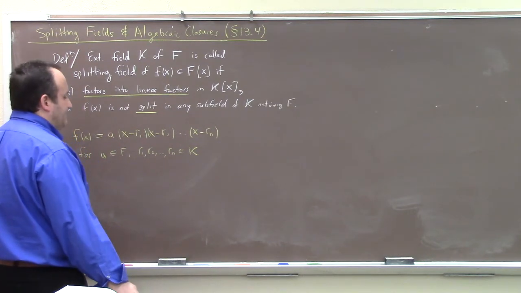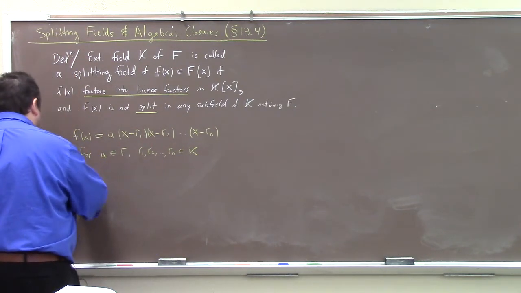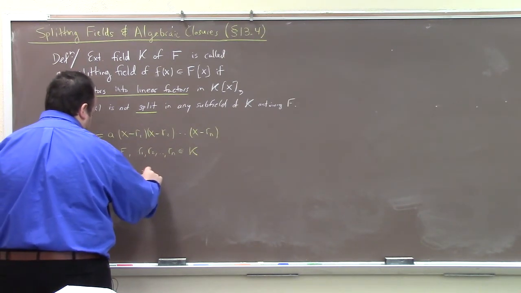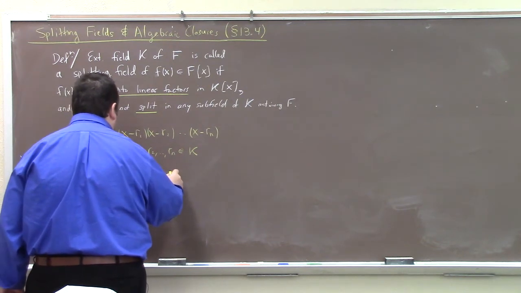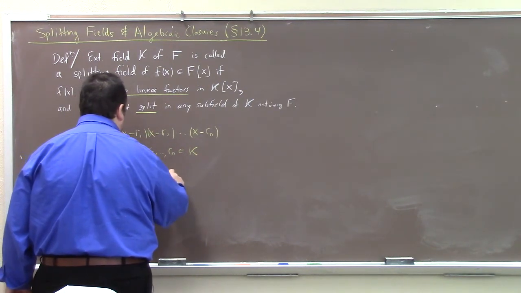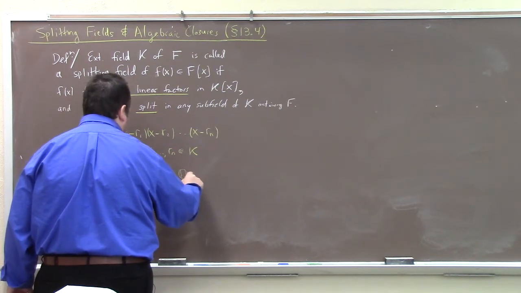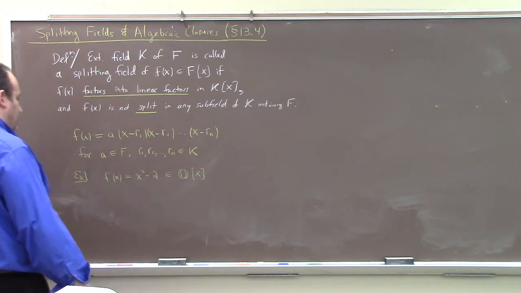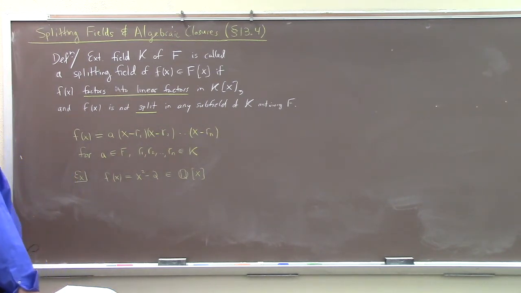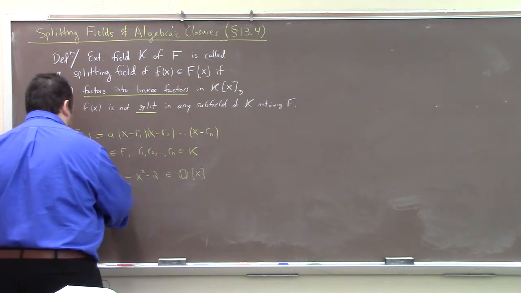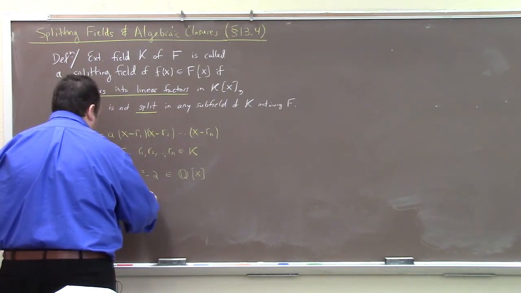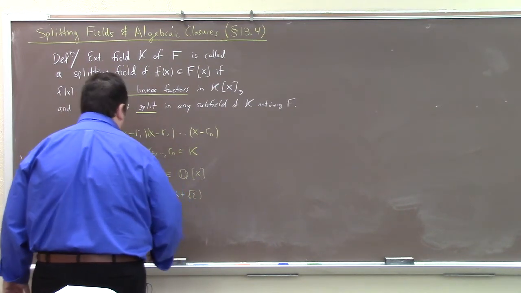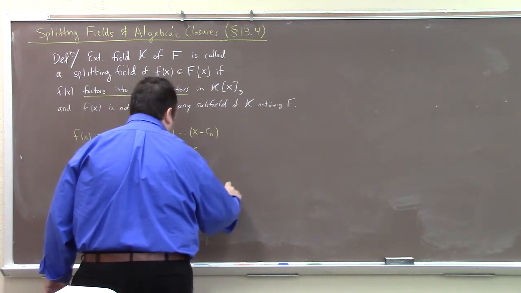Let's see here. So for example, we could look at f of x equal to x squared minus 2 in, let's say, Q of x. What's the splitting field? Well, it's definitely the case that f of x is equal to x minus square root of 2 times x plus square root of 2 in R of x.